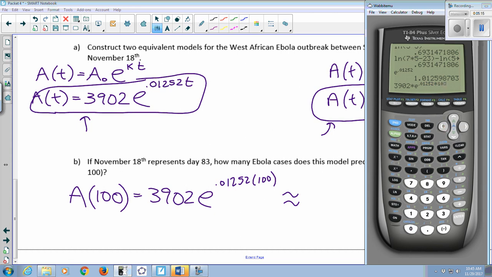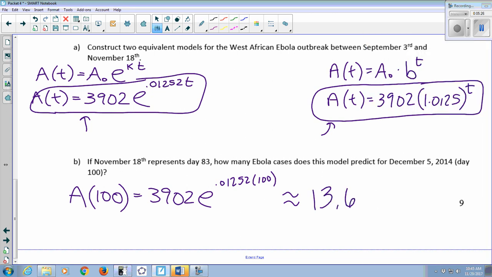I missed a 0. So we get 13,647 if I round to the nearest whole number. 13,647 infected on day 100.